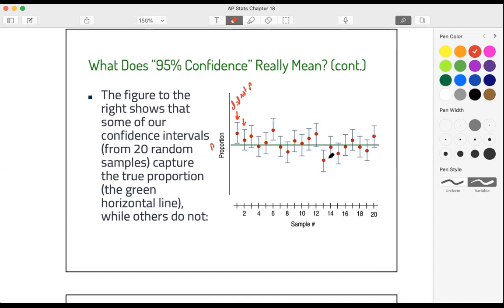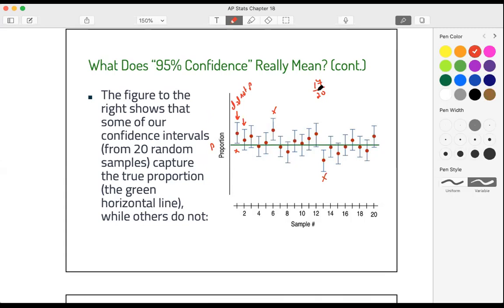Now watch this, there are 20 different confidence intervals. Out of the 20, how many captured it? It looks like yes, yes, yes, yes, yes, yes, yes, no. That's a no. Those are all yeses, that's a no, and that's a no. So in reality, 17 out of 20 of those confidence intervals captured my true proportion.